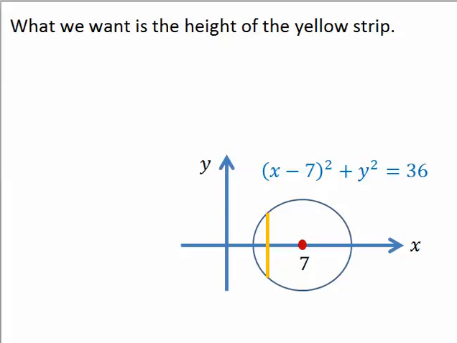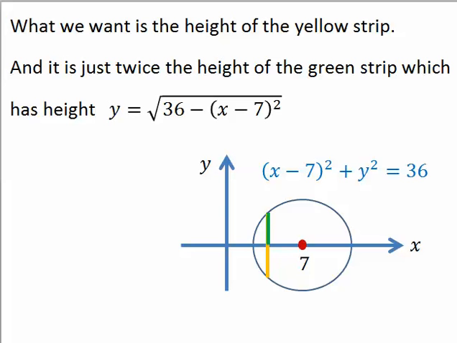We want the height of the yellow strip at location x. The height of the yellow strip at location x is just twice the height of the green strip. Now the green strip has height y equals the positive square root.